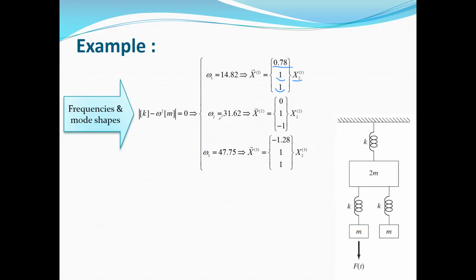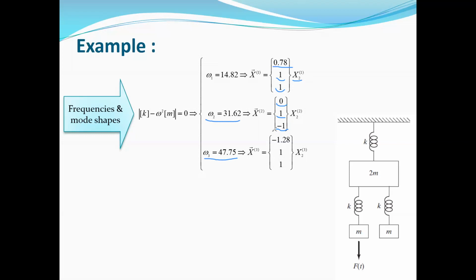For the second mode shape, when you substitute omega is equal to omega 2, you can extract that x1 is 0, x2 is x2, and x3 is equal to minus x2. And finally, for the last one, when you substitute omega is equal to omega 3, you can extract the third mode shape.